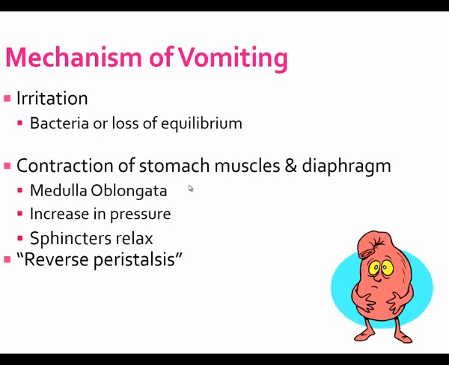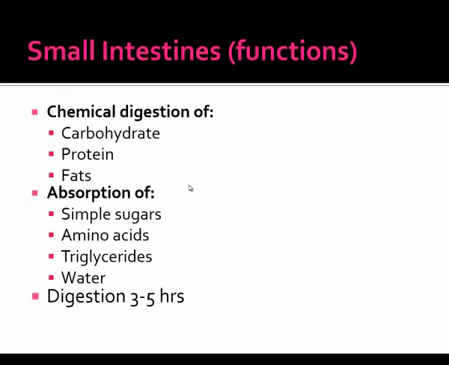And basically this just comes down to homeostasis, making sure that whatever is irritating that stomach is back to normal again. So basically all the sphincters that would be found within the esophagus and the stomach and the small intestinal tract are going to relax and allow this content to move out. It's called reverse peristalsis there.